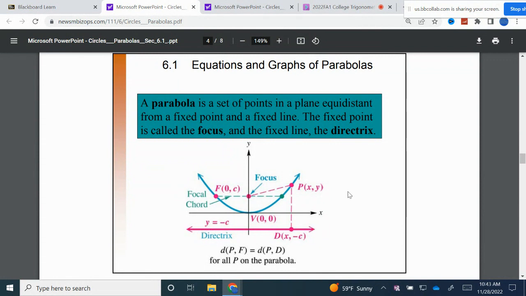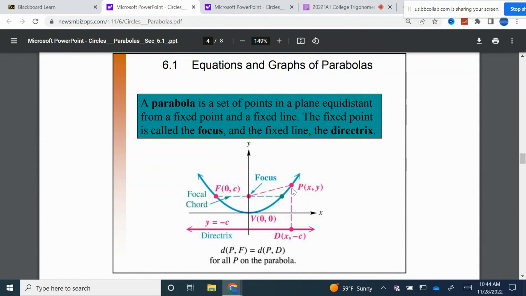So this is what actually makes a parabola a parabola. If we were to measure the distance from the focus to any point on our line, right, let's say this point here, if we were to put a ruler on it, we would get some measurement. We would get the same measurement from the point to the directrix.